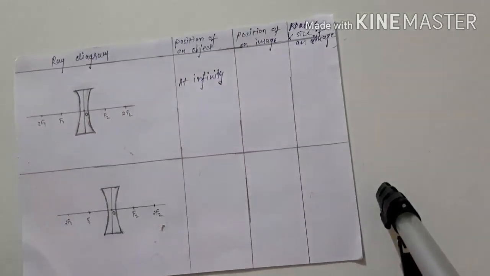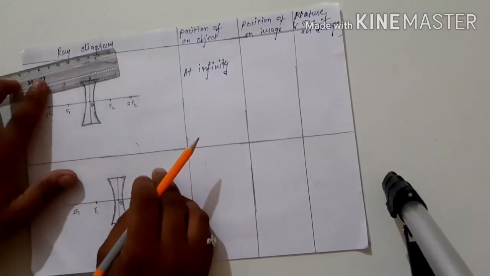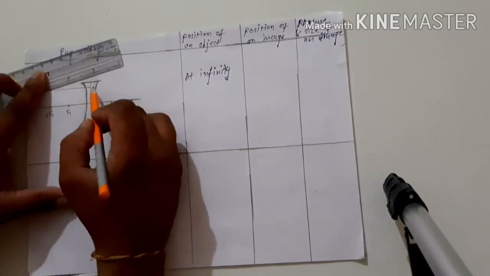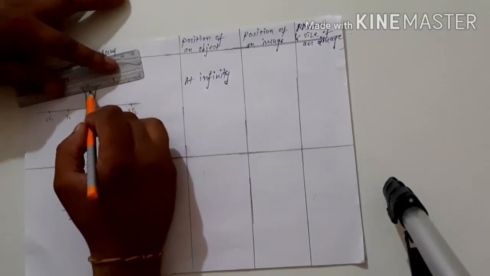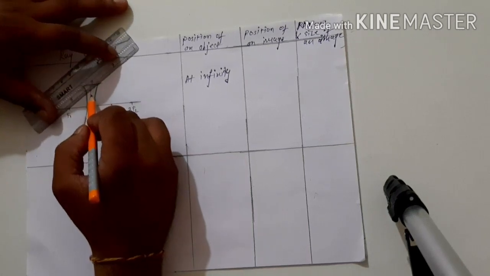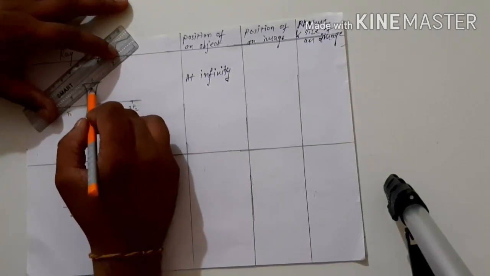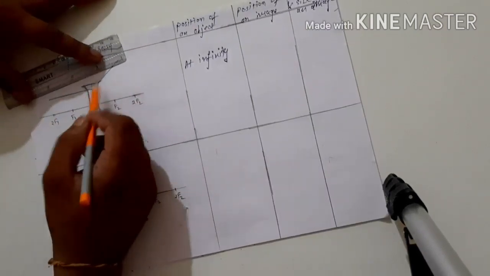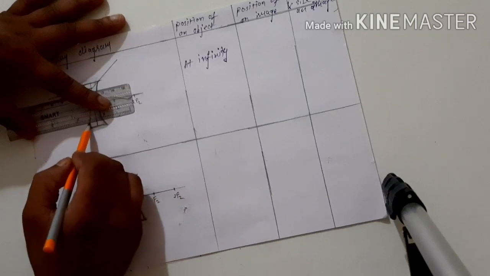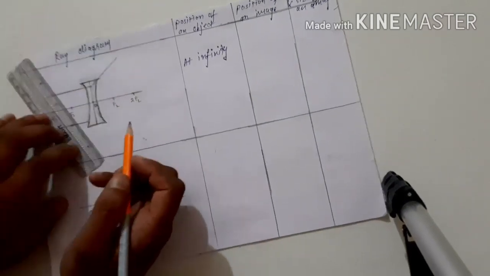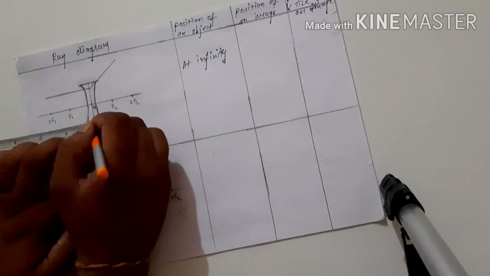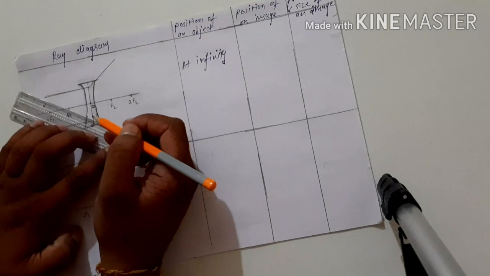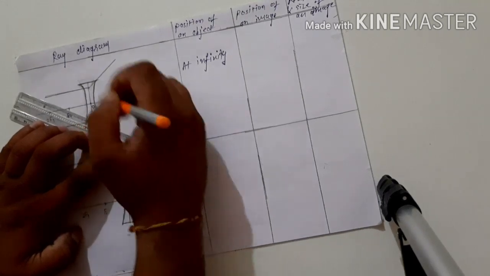Here we are having a diverging lens, so it is going to diverge. The parallel light ray coming from infinite distance will diverge. But when we extend that diverging ray in the backward direction, it will always intersect at f1. The other light ray, also parallel to the principal axis, is also going to diverge.